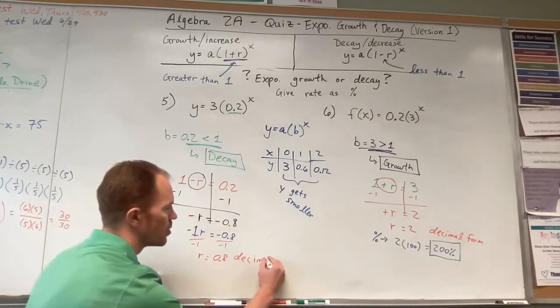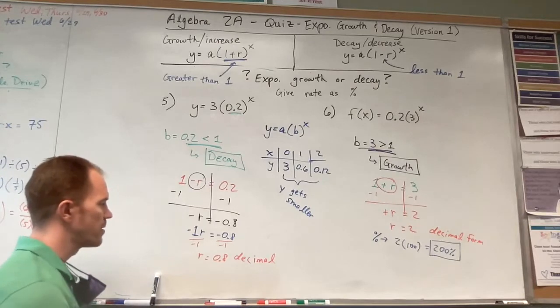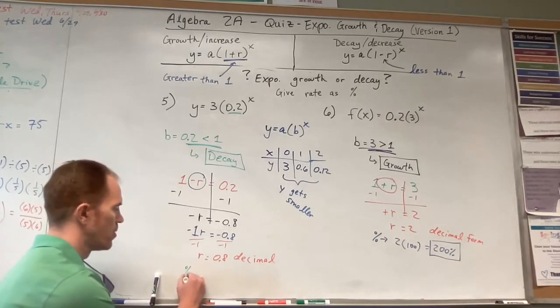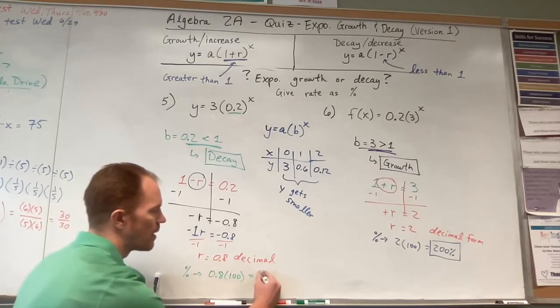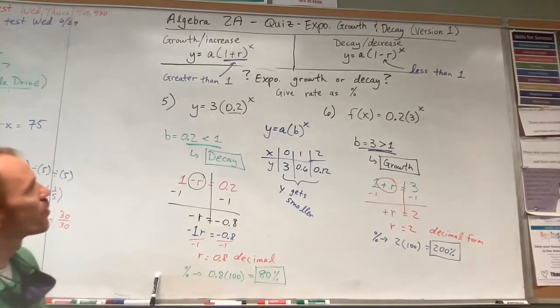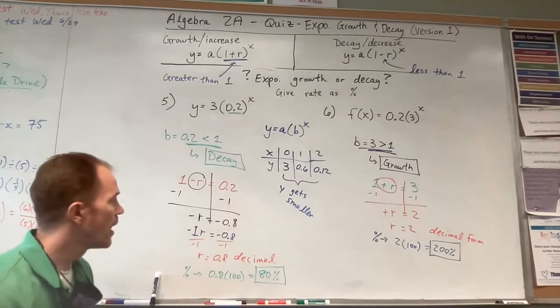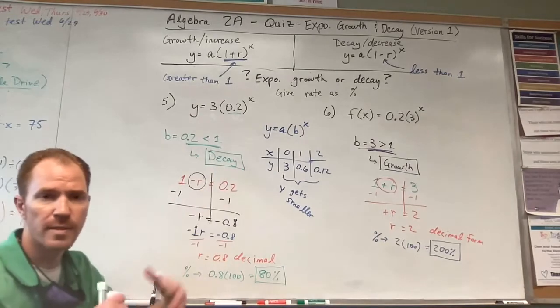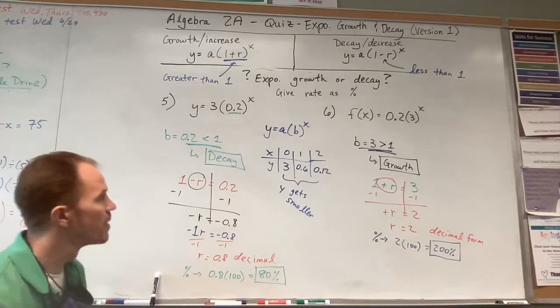So for the percent, just got to multiply that by 100. So 0.8 times 100, that's going to give us 80%. Okay, so this equation represents whatever it is, money, population, that is decaying, decreasing, getting smaller by 80% per time period.